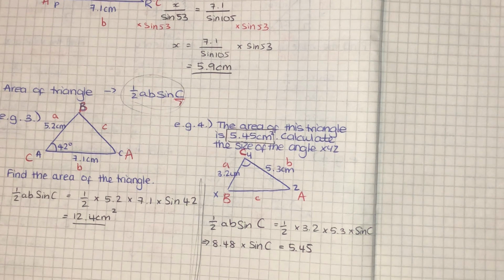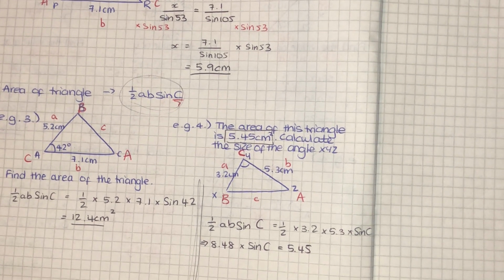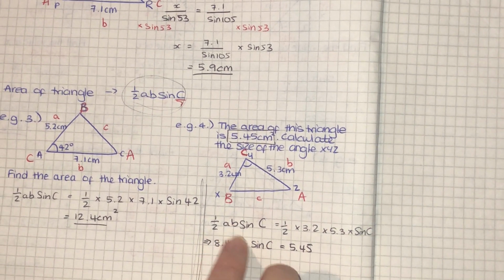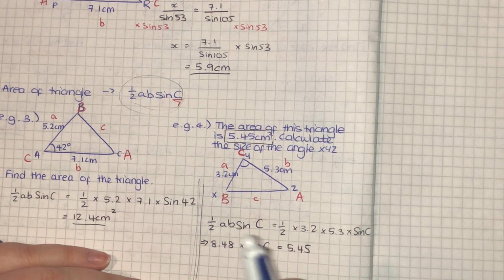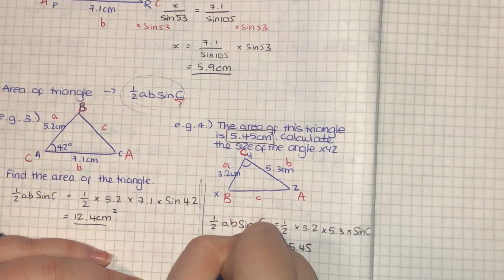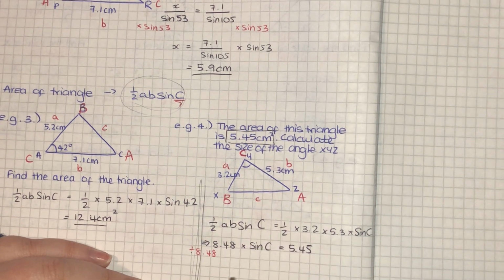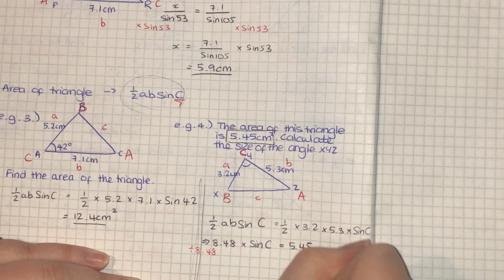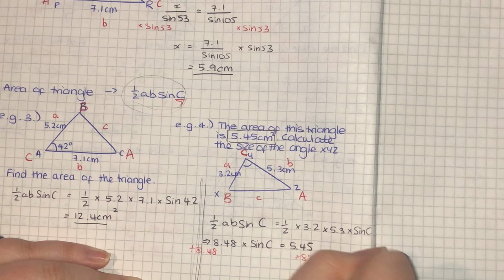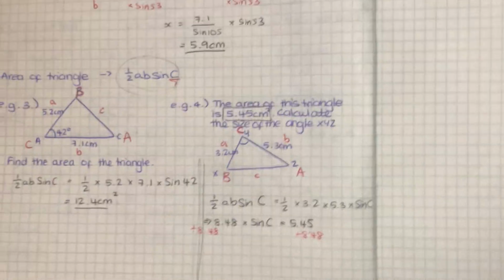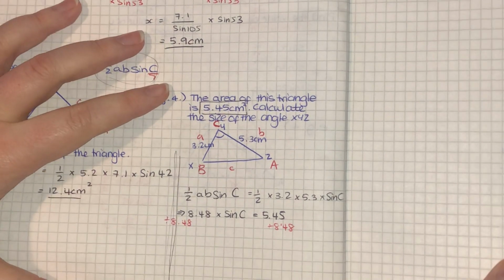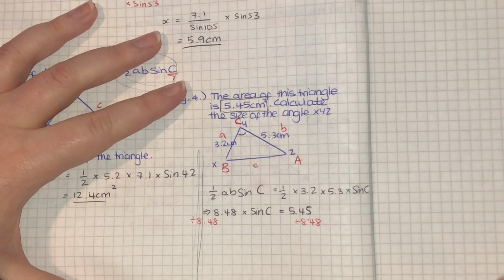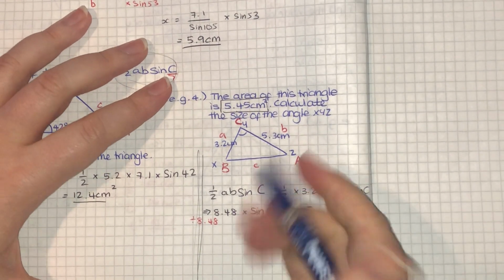Okay, so all we've done is form an equation. So to work out this, we don't need the 8.48 being multiplied to the sine C, so we're going to divide both sides by 8.48.